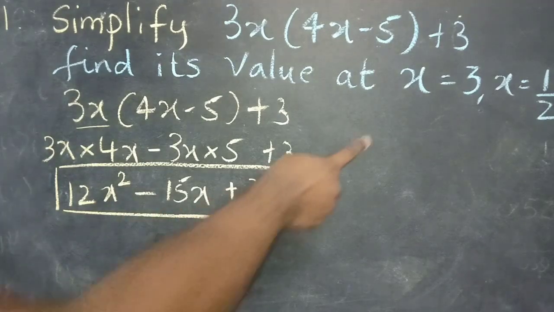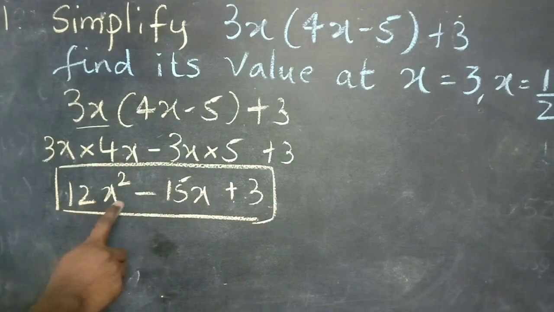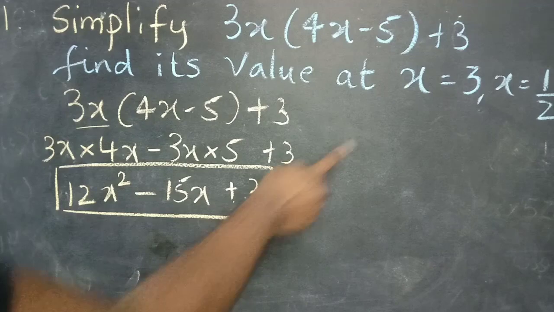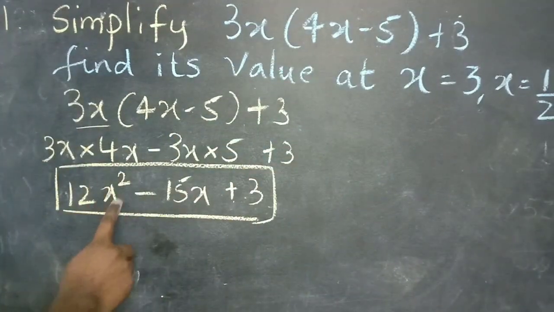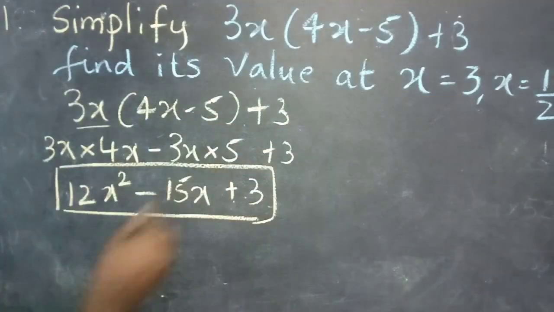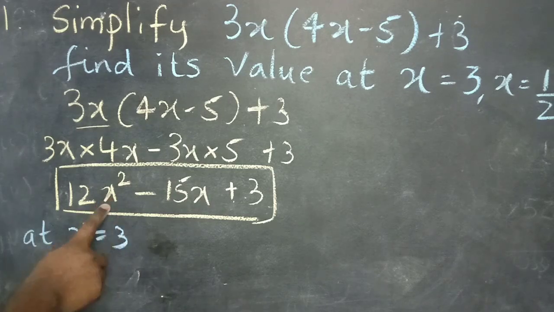Now we need to find out the value of this expression, that is 12x square minus 15x plus 3 at x equals 3. What you need to do, in place of x you need to replace by 3.